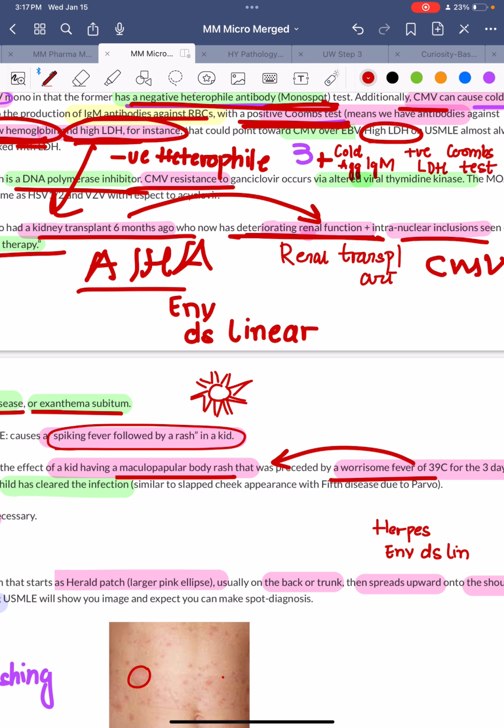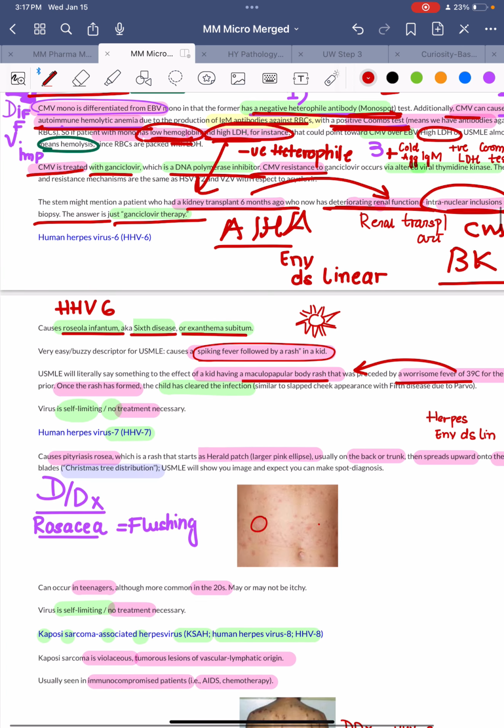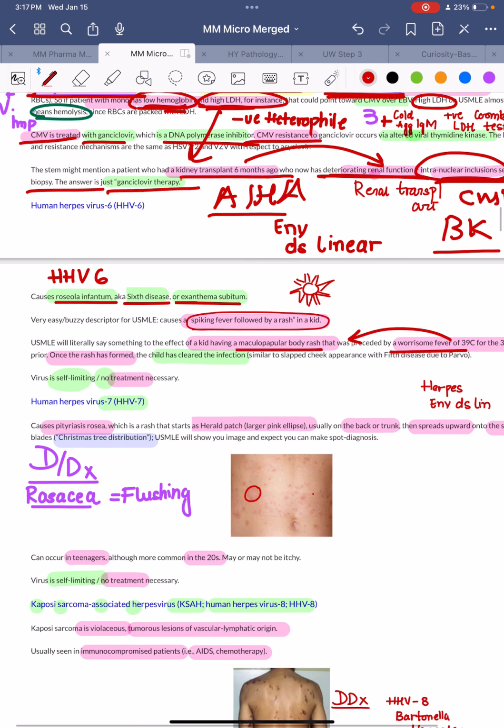Remember we studied that the BK virus can also cause deteriorating renal function. BK is differentiated because it has a specific immunostain that can be done on the biopsy, and it can also have viral serology that can be positive, but the intranuclear inclusions are very specific for CMV.